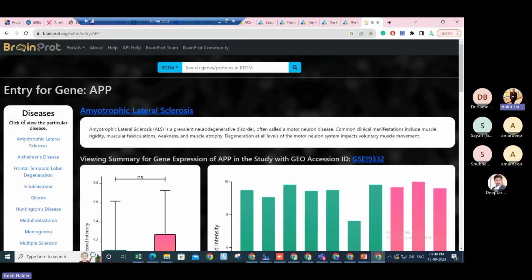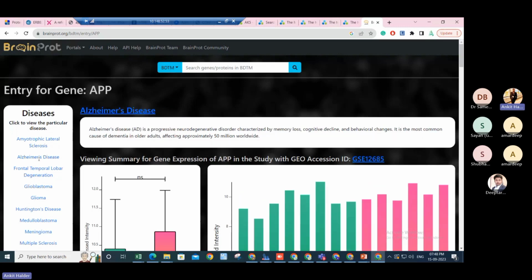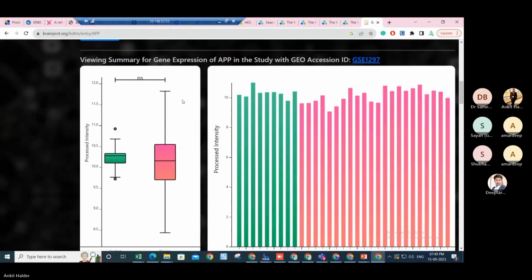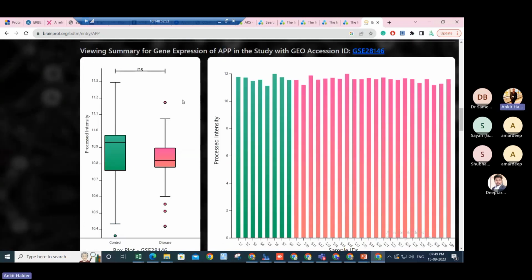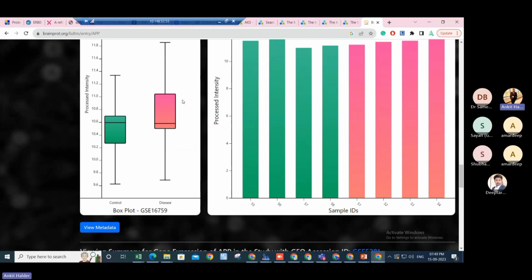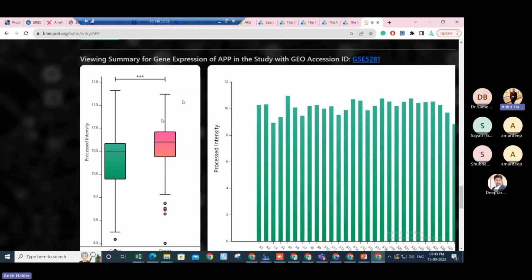So you go and search in Alzheimer's disease and see the significance level. Again, you will appreciate the markers that have been reported.